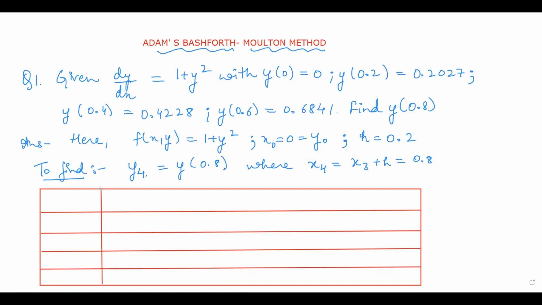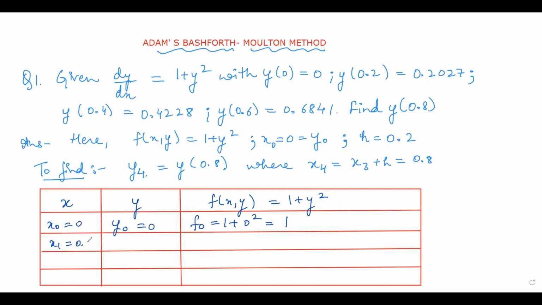This is for x, this is for y, and f of x, y, that is 1 plus y square. So the first value x naught is 0, y naught is also 0. So my f naught would be 1 plus 0 square, that is 1.